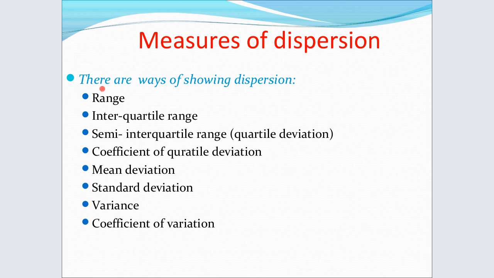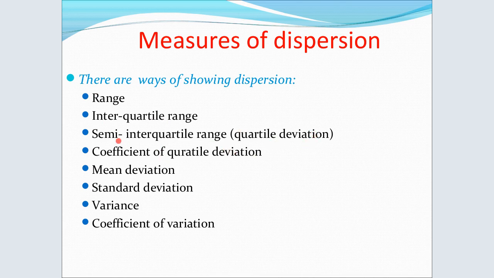So here we are talking about, okay, hope you can see my screen at your end. So when we talk about the measures of dispersion, we have what we refer to as the range. We have what we refer to as the interquartile range, semi-interquartile range or quartile deviation.